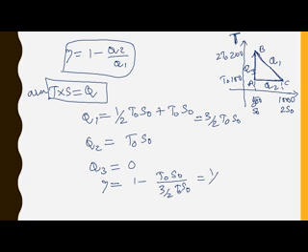T0 T0 cancel. 1 minus 2 by 3, this is 1 by 3, equal to 33.33%. Okay, this is the efficiency of the heat engine in the temperature entropy diagram.